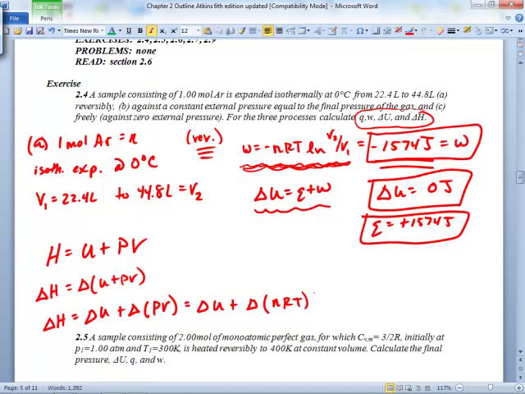Okay, so that R we can pull out, because that's not changing. Is n changing? They're not adding any gas. Is T changing? No. But if any of these were, you got to put that delta in front of it, right? But it's not. None of that stuff is changing. So this is 0.